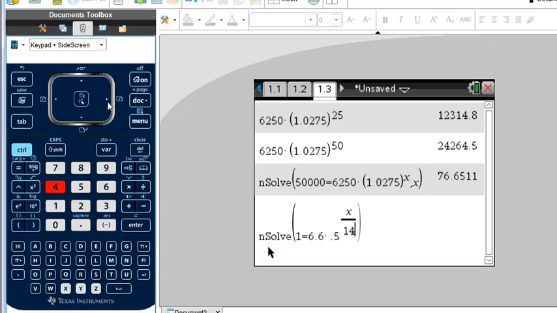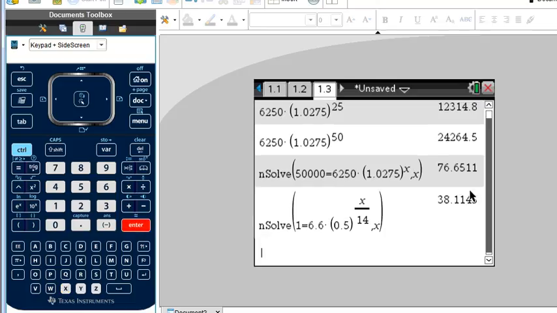Then we put comma and x. Press enter. We get 38.1145 days.